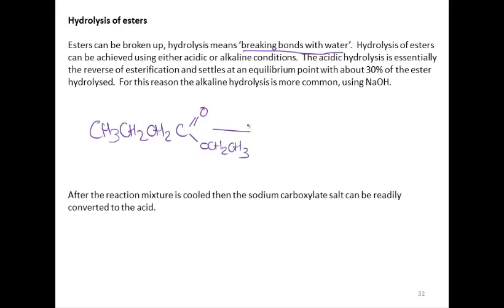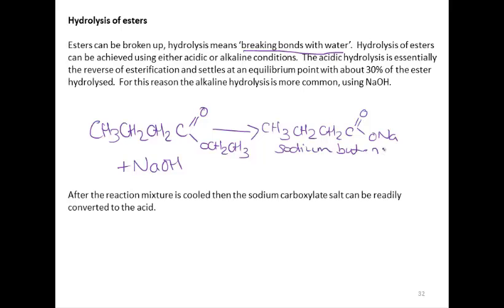here, we're going to illustrate it with ethyl butanoate. We add sodium hydroxide and we hydrolyse that to the sodium salt, sodium butanoate, and the ethanol. After the reaction mixture is cooled, the sodium carboxylate salt can be readily converted into our acid.